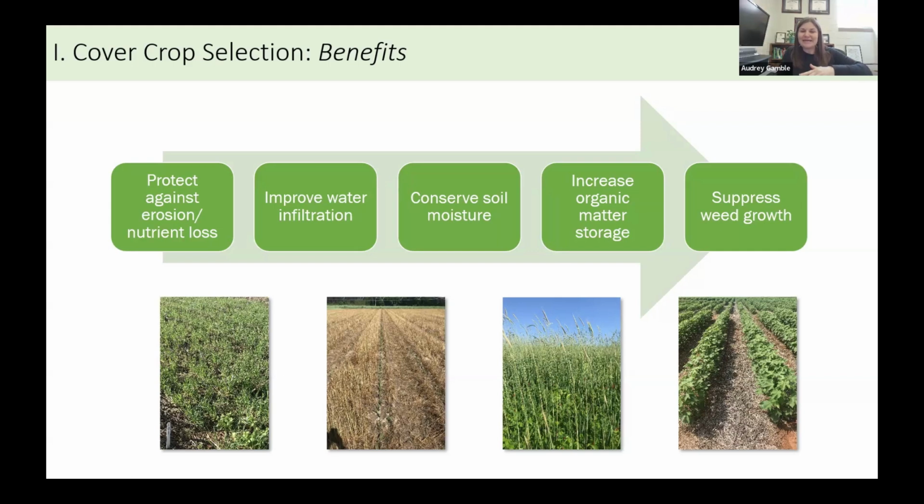So it doesn't take a lot of cover on the soil to have a really significant effect on prevention of erosion and runoff. But as we increase the level of biomass, so look at this picture that I'm circling here, this is where we can get more benefits in terms of improving organic matter, suppressing weed growth, conserving soil moisture.